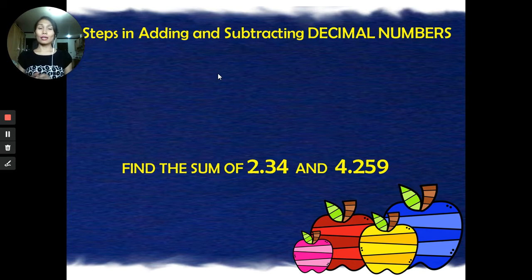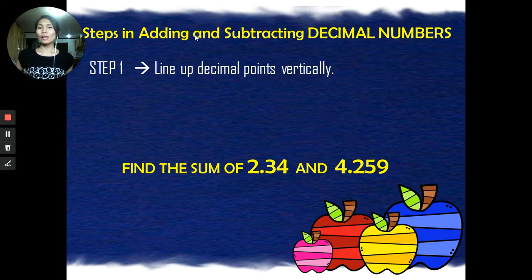So here, let's review the steps in adding and subtracting decimal numbers that we discussed last time. Before trying larger numbers, let's have a little review of adding and subtracting smaller numbers. The first step is to line up decimal points vertically.